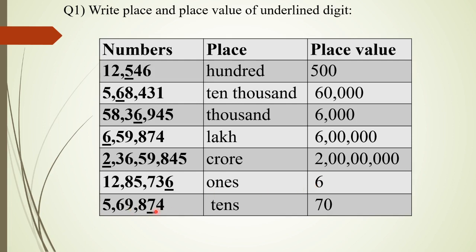And here 7 is at 10's position, so we multiply by 10. So 7 into 10 is equal to 70. This is very simple. Now let's move on to the next, expanded form of numbers.